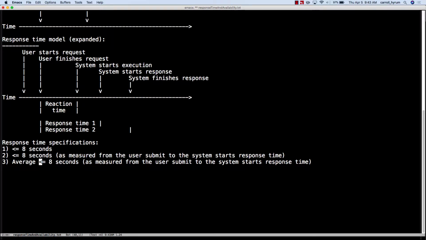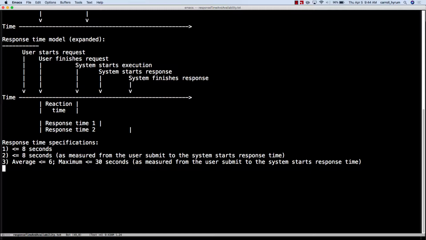What if the specifications were an average of less than 6 seconds with a maximum of less than or equal to 30 seconds, as measured from the user submit to the system start response time? Okay, now we don't just have a single number. Are the first ones talking about averages?